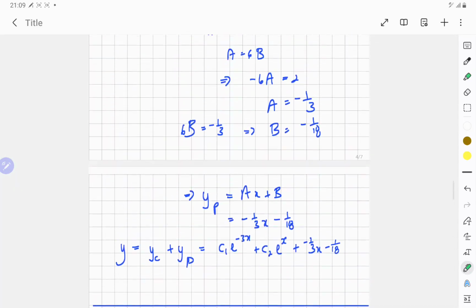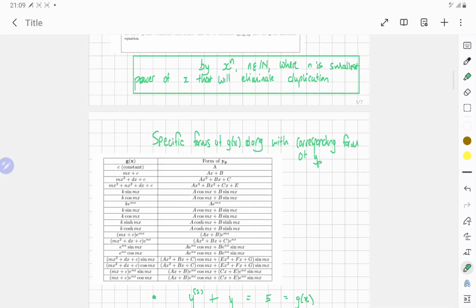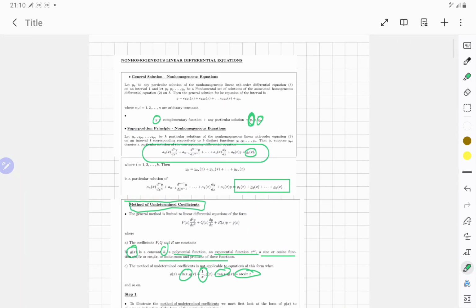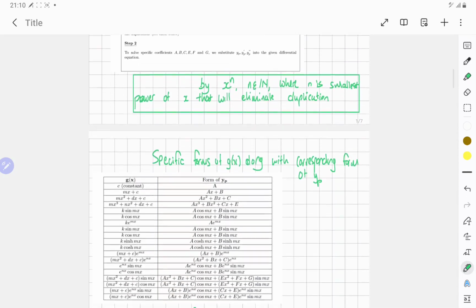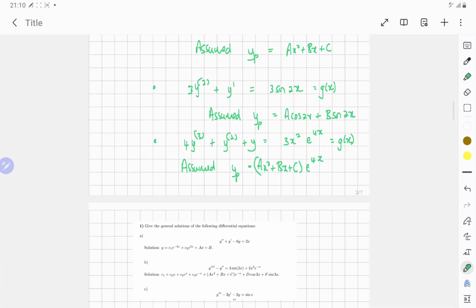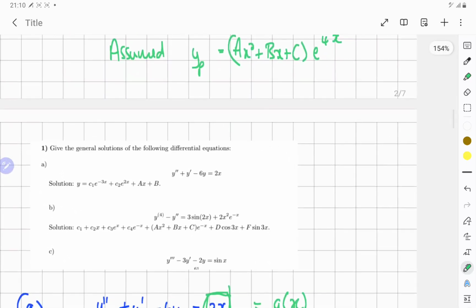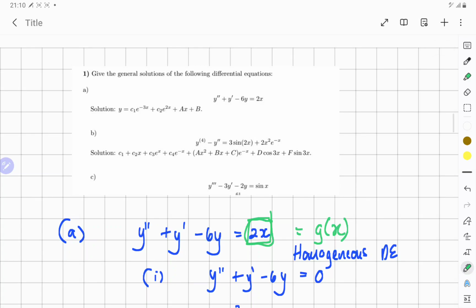That is quite a mouthful for undetermined coefficients, but more on this in the next video, when we will do some more test and exam type questions using the method of undetermined coefficients. I will also explain in detail how we will solve for these arbitrary constants. So that is the end of non-homogeneous differential equations, part 1.